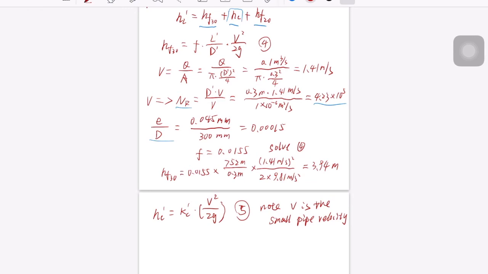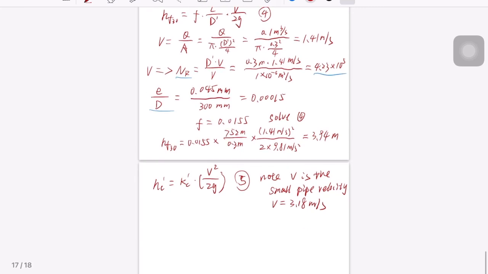So we have calculated before, so V equals 3.18 meter per second. Now, we also know A divided by A1 equals 0.444.